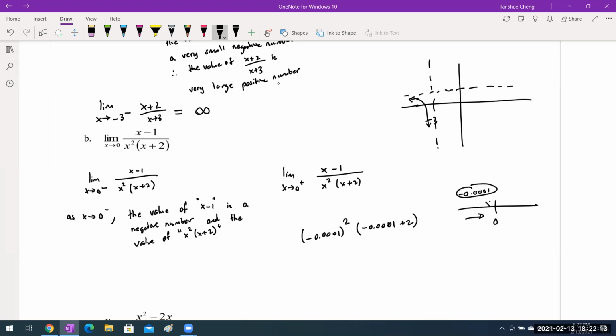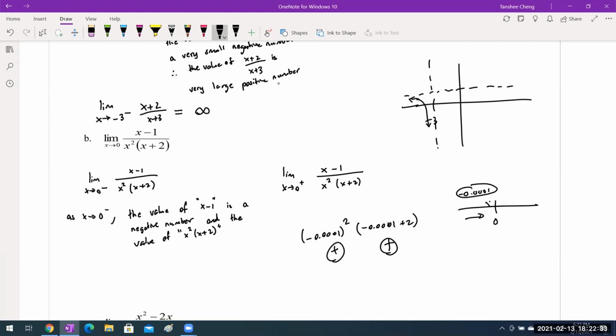You can see that x squared will be positive, because a decimal number squared, meaning a decimal number times a decimal number, is an even smaller decimal number, but it's positive. And negative 0.0001 plus 2 also gives a positive number.